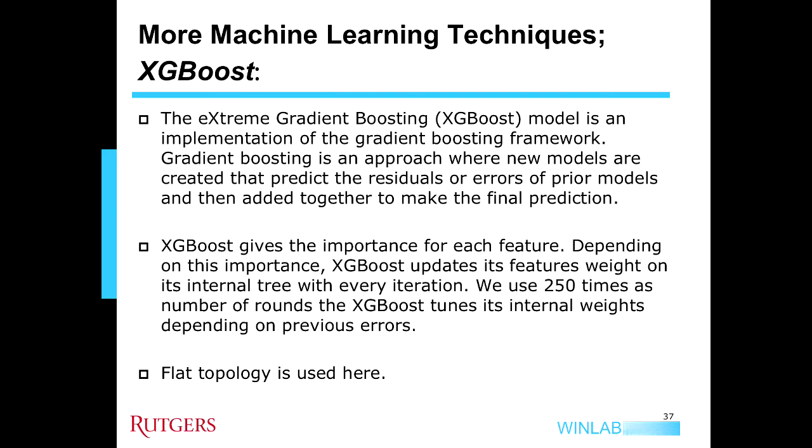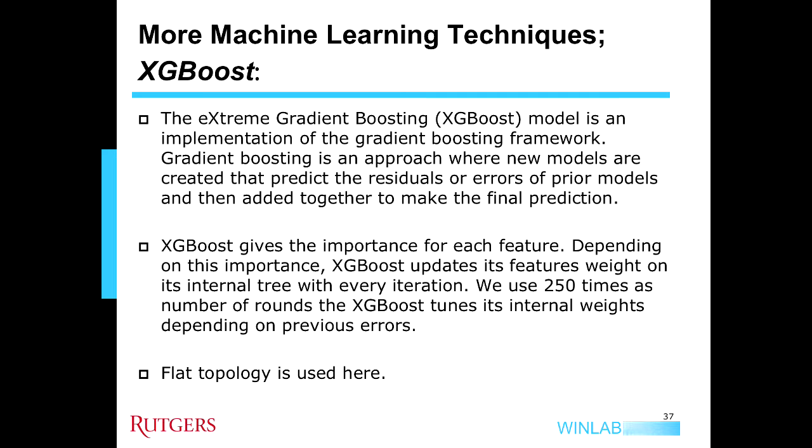How about using XGBoost? XGBoost is similar to random forest in some ways, but instead of using multiple trees, XGBoost adjusts the parameters and the weights that it has internally with every iteration, using the error from the previous iteration.